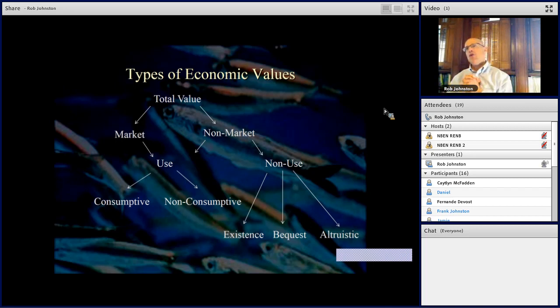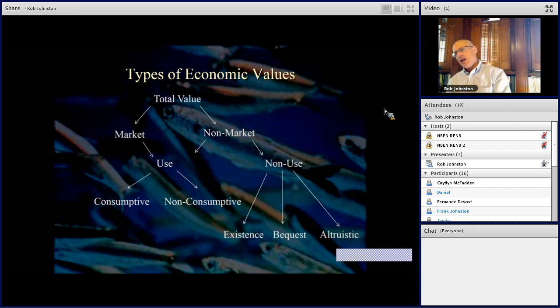Again, broad overview. If we think about the kinds of economic values that we can gain or lose due to adaptation, there's total value, all the value there is, and value can either be benefit, a positive, or cost, a negative, depending on whether you gain or lose it. Market values are values for things we directly buy and sell in markets: cars, milk, anything you can directly buy and sell in a market. A non-market value is everything else.